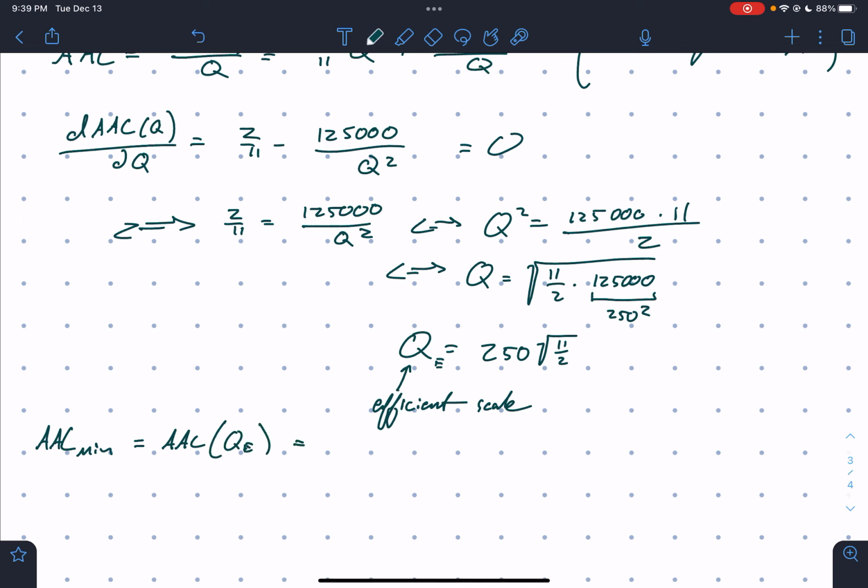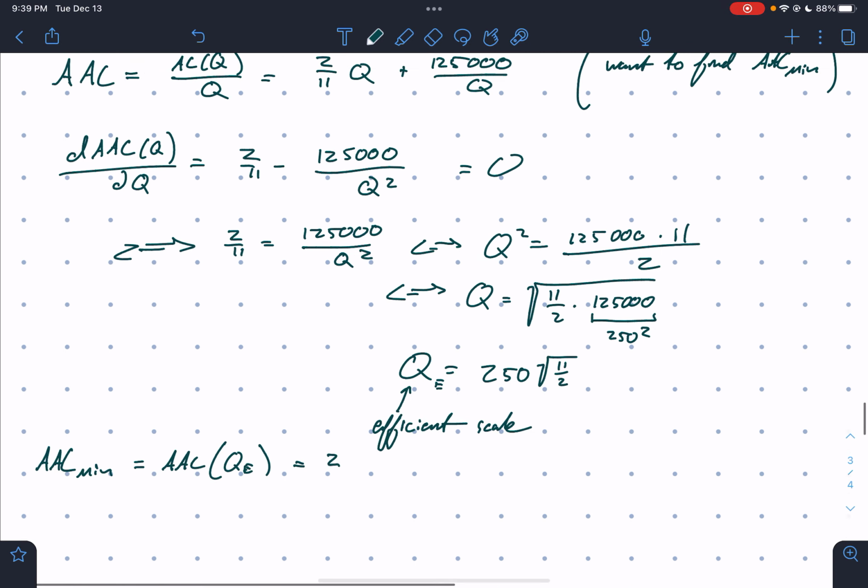So this is 2 over 11 times 250 root 11 over 2 plus 125,000 divided by 250 root 11 over 2.